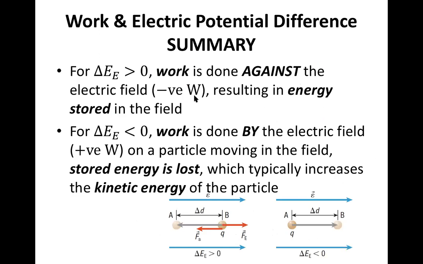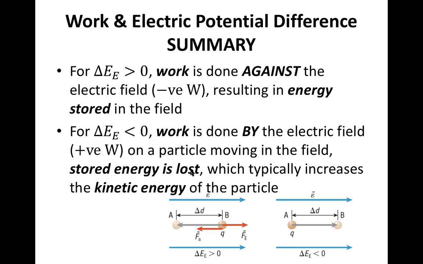So to summarize, delta EE is positive when the work is done against the electric field, resulting in energy stored in the field. So this is when we're lifting up the ball. The analogy is with gravity, lifting up the ball. For delta EE negative, work is done by the electric field, positive work, on a charged particle moving in the electric field.